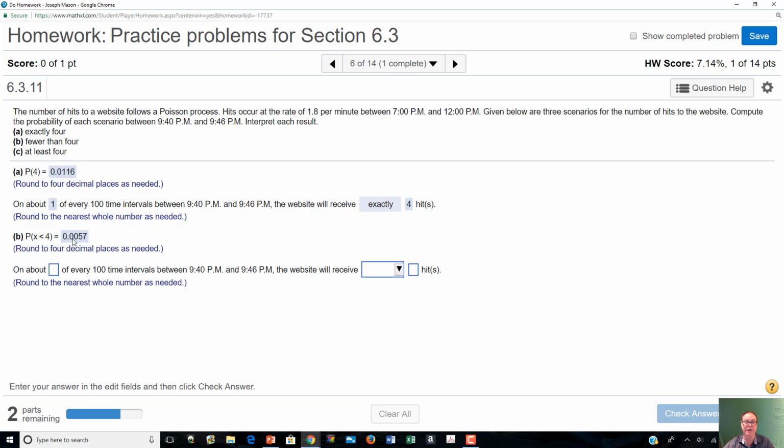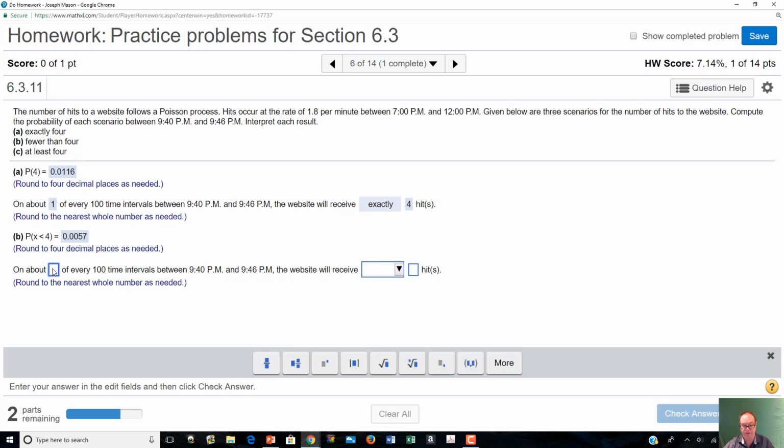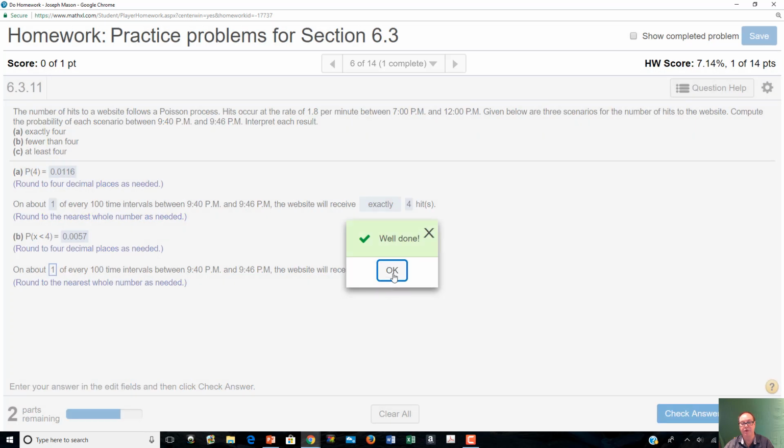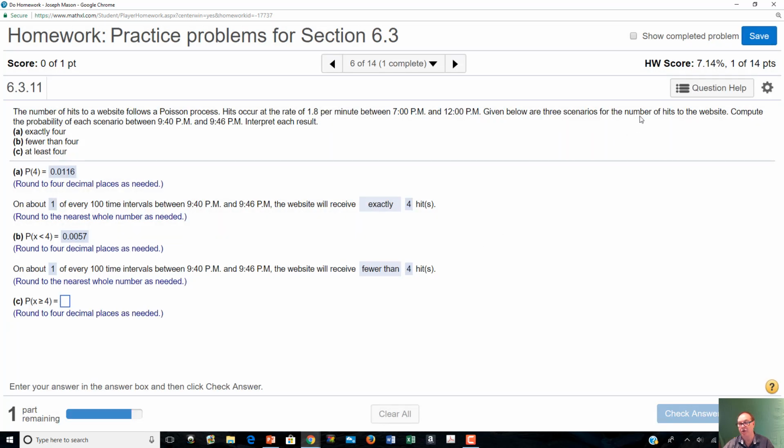If I take 100 times the probability, I'm going to get 0.57. That rounds off to 1 again because of the 5. And then this would be less than. So less than is what? Well, if we look up here in the problem, it says fewer than 4. So we're going to choose fewer than 4. So that comes right up from part B, fewer than 4. Check answer. We're good.